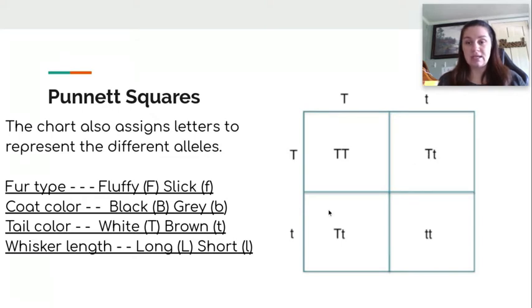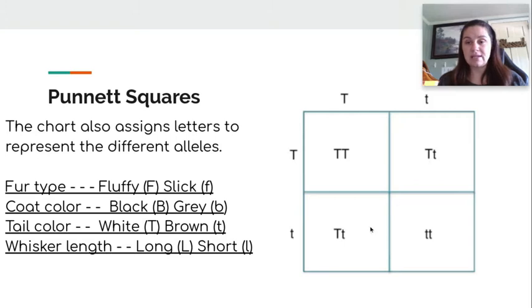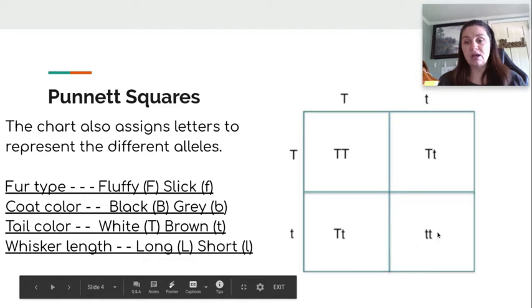Since the big T represents the dominant trait, which is white, these would also have white tails. So the possible genotypes are 25% homozygous dominant, 25% homozygous recessive, and 50% heterozygous.